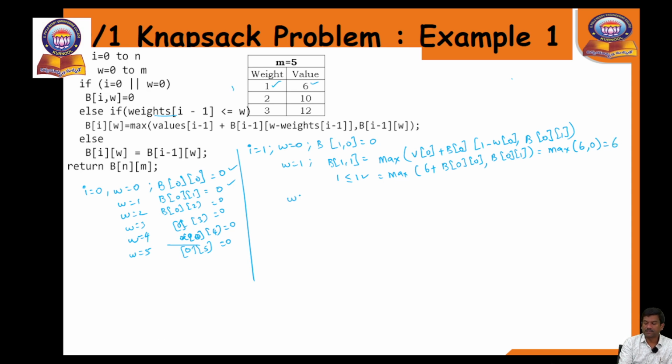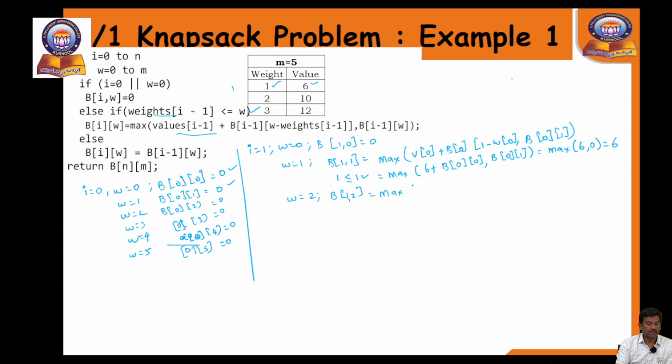So in the similar fashion, you'll be finding w equal to 2, that is weight of the second item, and similarly b of 1 comma 2 you'll be finding, and since this is the true condition, you'll be using the statement b of i w is equal to max of i minus 1 and so on.